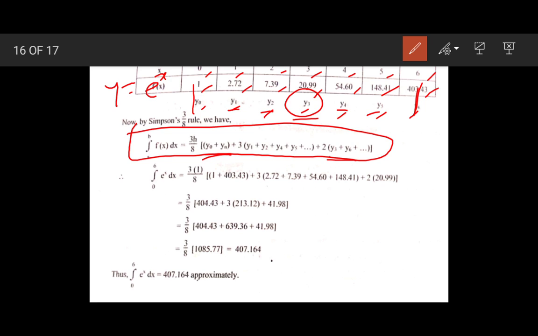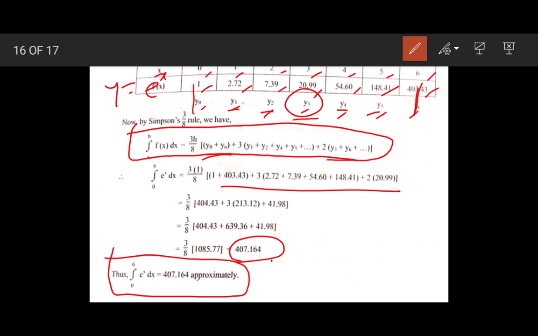Okay, now we substitute the values in that and calculate, and we get the answer as 407.164. Okay, so the approximate integral value is 407.164.